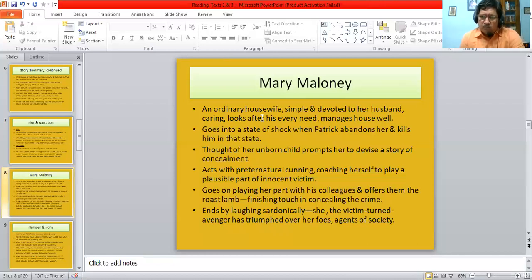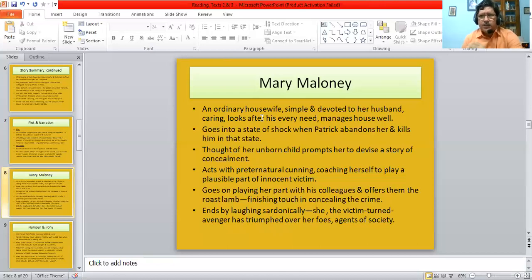So, given that this is the way in which one of the agents of the moral order behaves, then Mary, as a simple and unassuming wife, really has no other option but to turn into an avenger. So she becomes an avenger and she kills her husband.